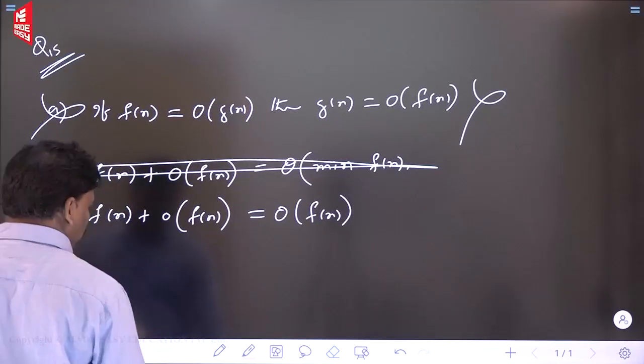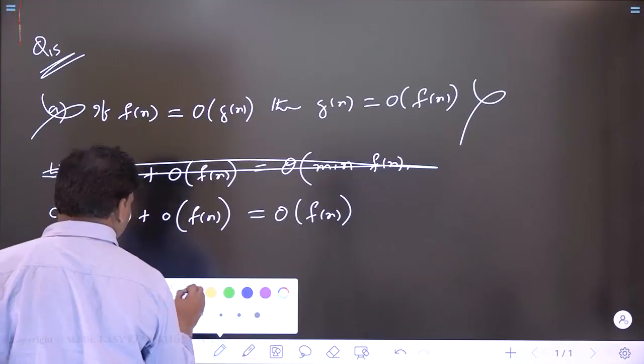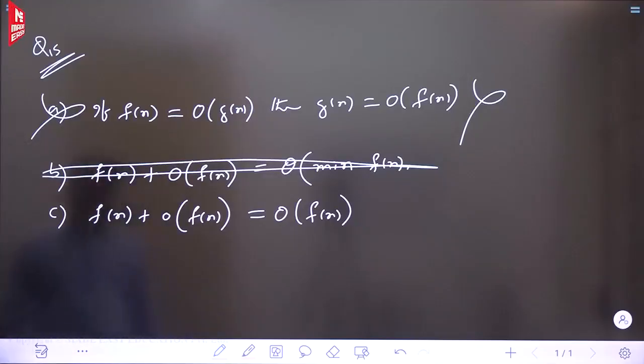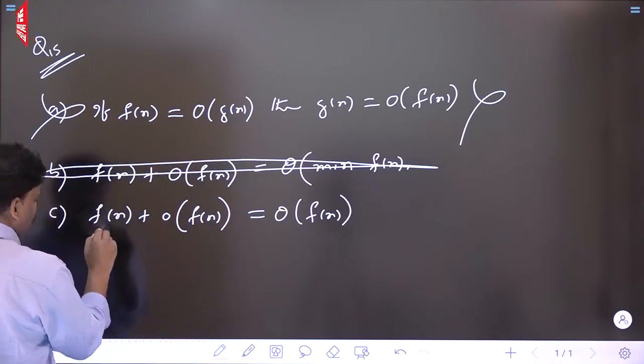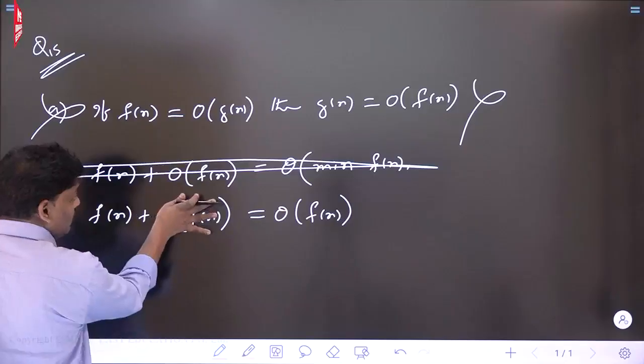So is this option right or wrong? We already covered this when our class was going on. At that time I already told you, f of n plus small o of f of n is theta of f of n. What is the meaning of this? Here f of n is okay, but see this one: the actual function is not written.